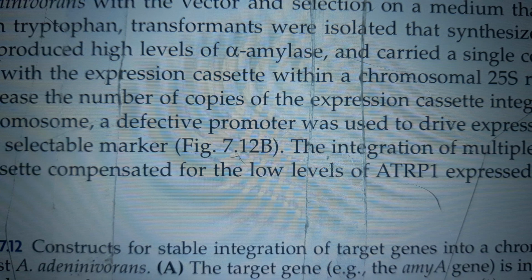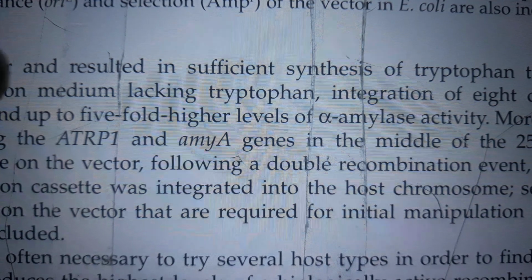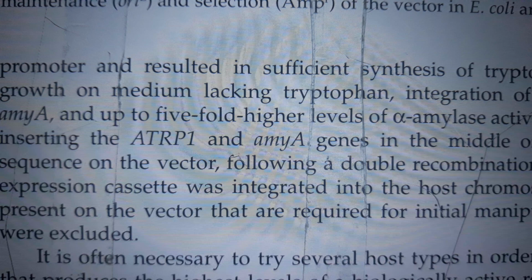To increase the number of copies of the expression cassette integrated into the chromosome, a weaker promoter was used to drive expression of the ATRP1 selectable marker. The integration of multiple copies of the cassette compensated for the low levels of ATRP1 expressed from this promoter and resulted in sufficient synthesis of tryptophan to enable growth on a medium lacking tryptophan.